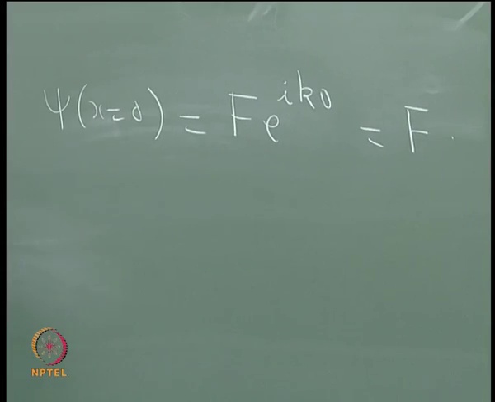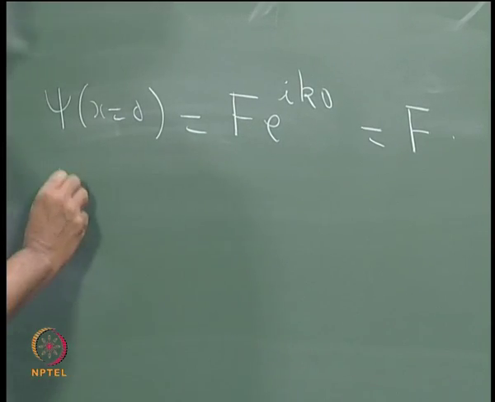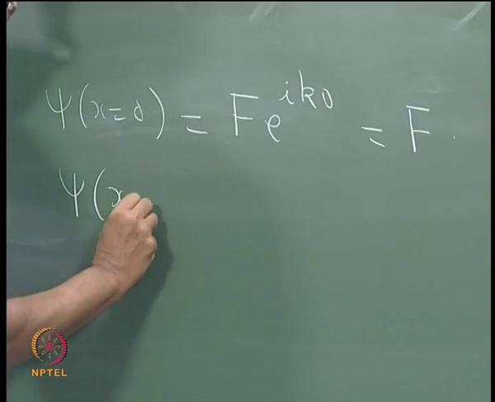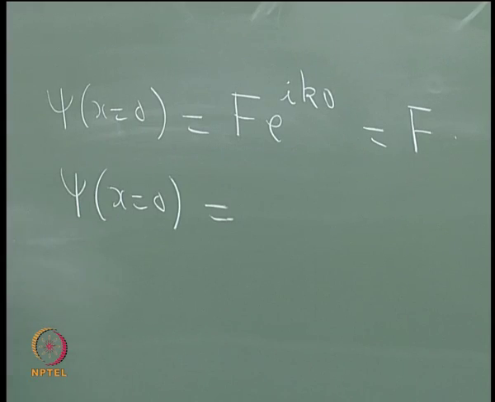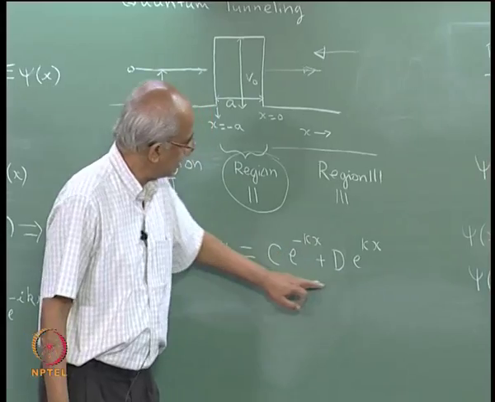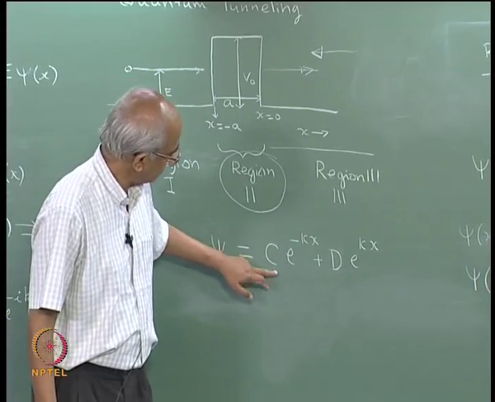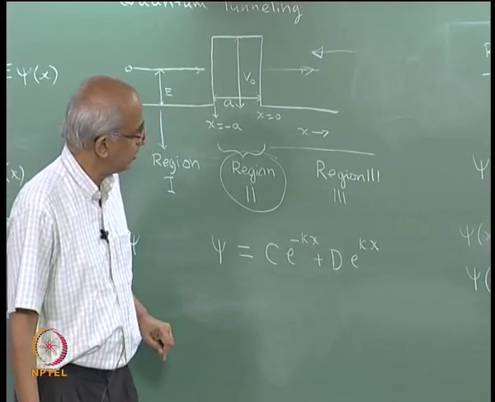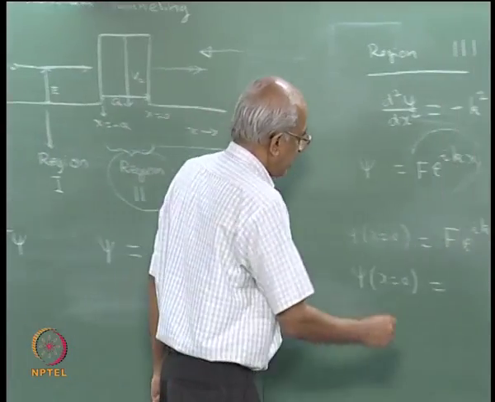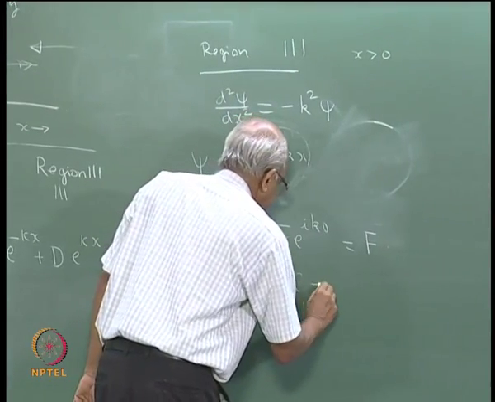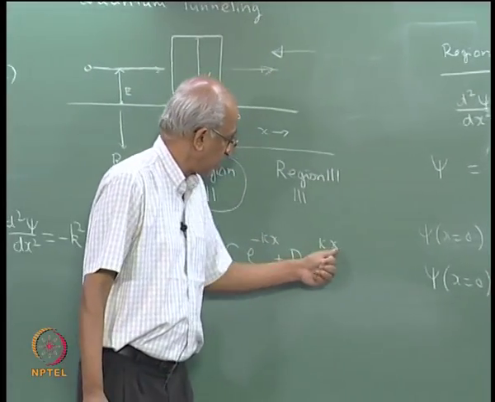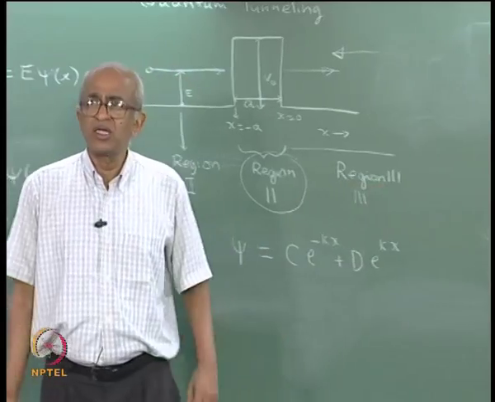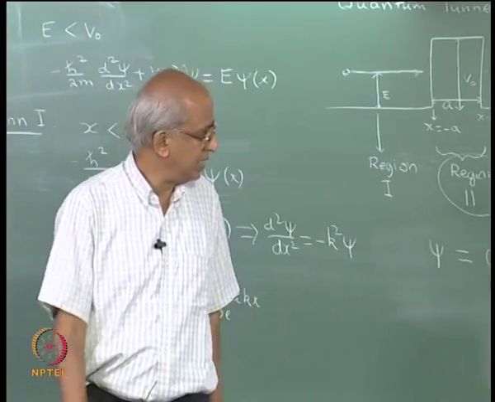And exactly at the same point, x equal to 0, if I evaluate the wave function using the functional form appropriate for region 2, I will get the answer c plus d, because I put x equal to 0 in both terms.